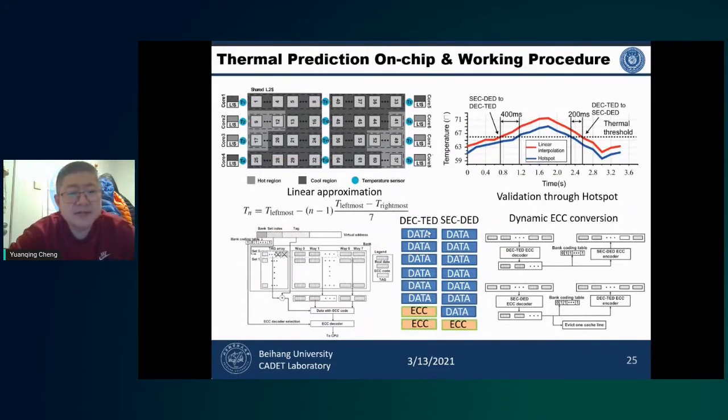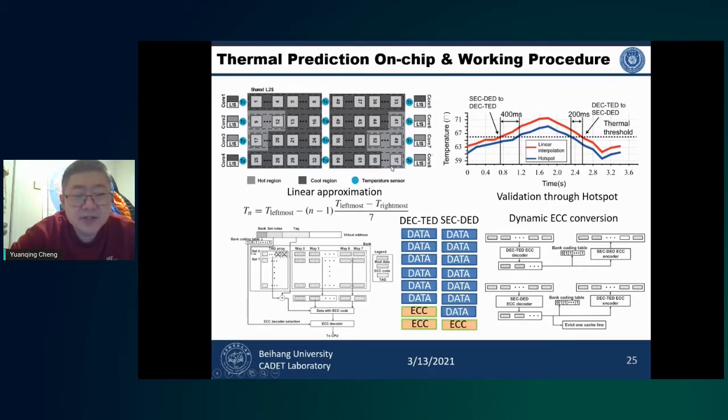Now let's look at our architecture design. This is the typical multi-core platform. We have four microprocessors on each side. Among the 8 processors are many different cache banks. They may lie in the hot region or in the cool region.